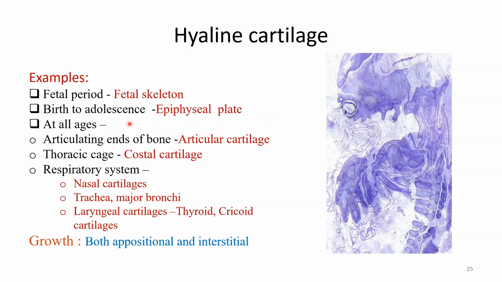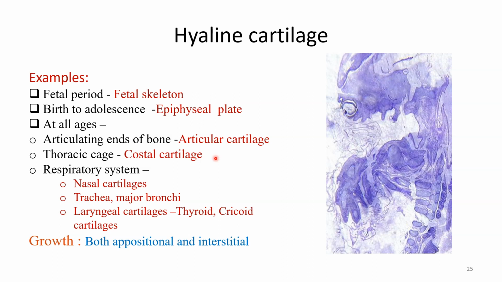At all ages, you will find the hyaline cartilage at the ends of articulating bones, as articular cartilage, but you have to recollect this articular cartilage is without perichondrium.